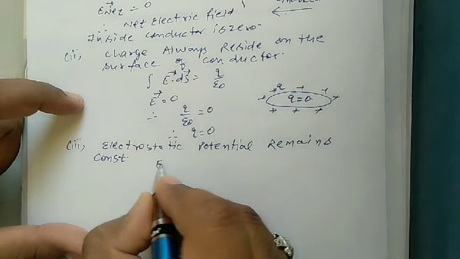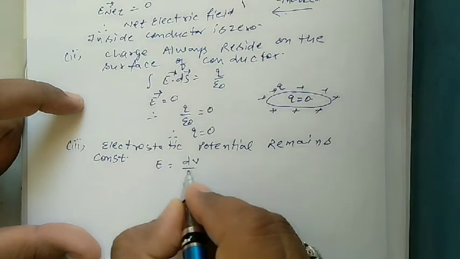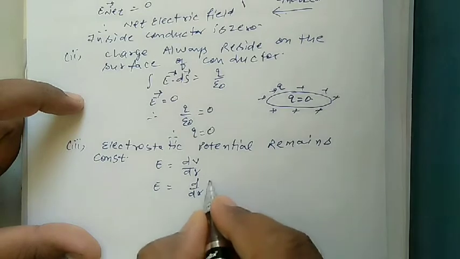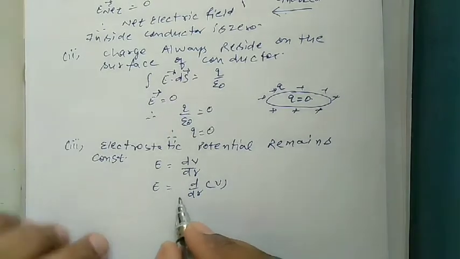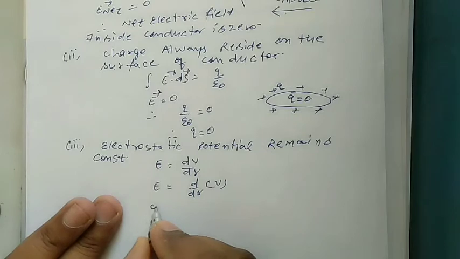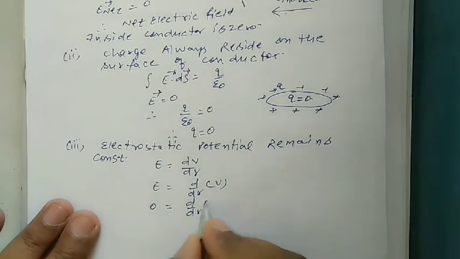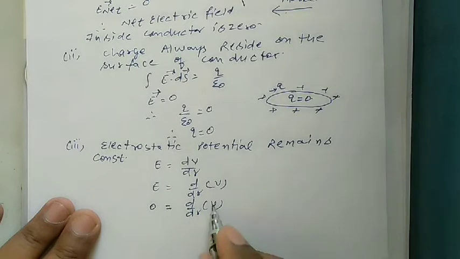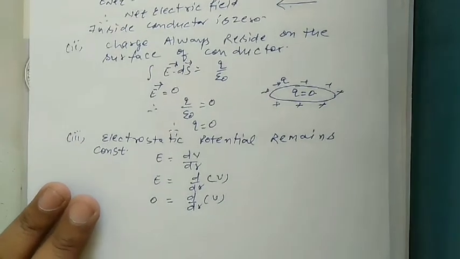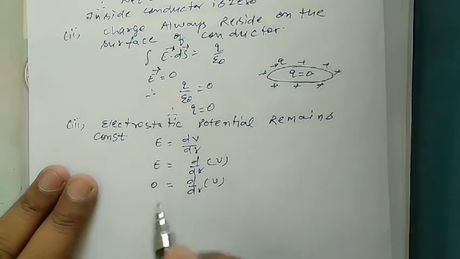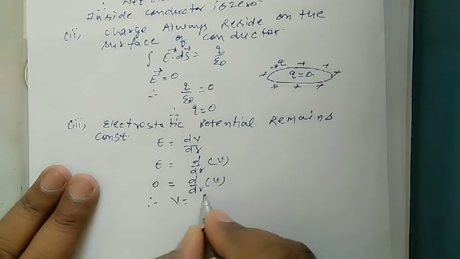We know E equals minus dV by dr. Here inside the conductor electric field is 0, so dV by dr is equal to 0. Means if we differentiate the potential, we get the result 0. Therefore potential will be constant.